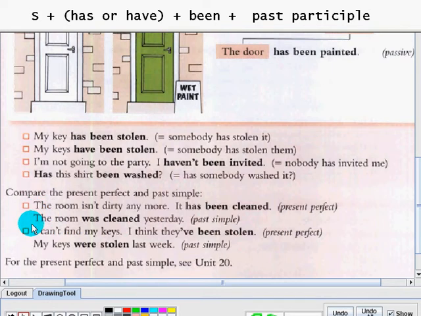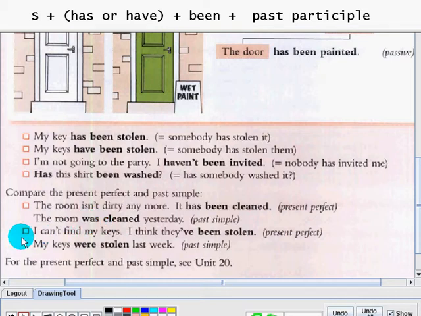Next, the room was cleaned yesterday. This is past simple passive because it has was and past participle of verb. There's no been here and auxiliary verb has or have, right?